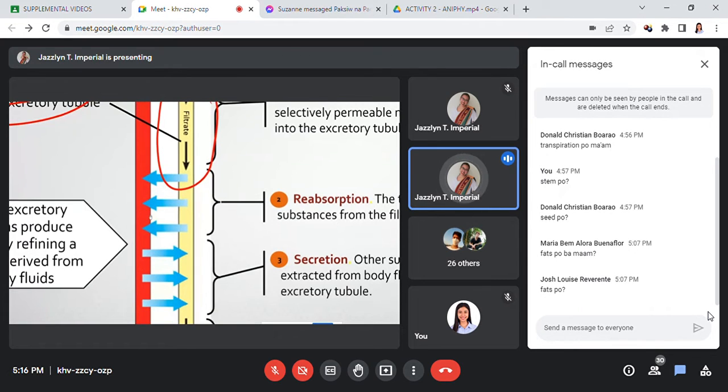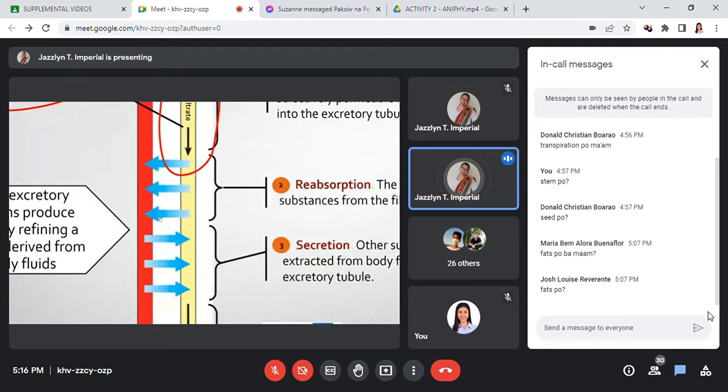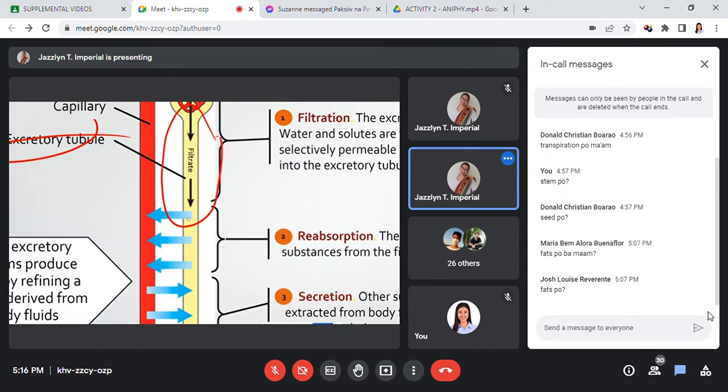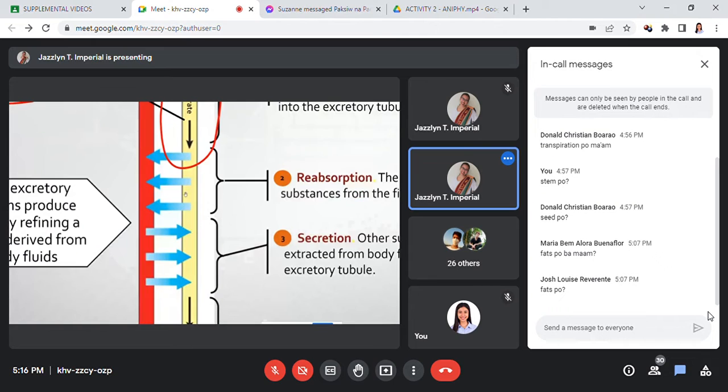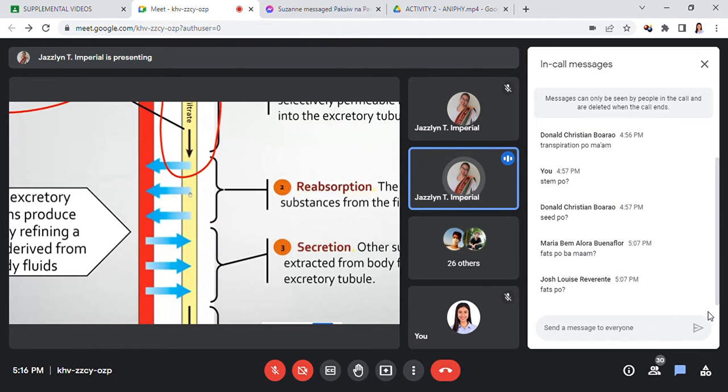So pwede rin, class, by diffusion, you see that it can also occur via the vessels mismo without passing through the glomerulus anymore. So meaning, class, reabsorption now occurs, if later on you will remember, doon sa part po ng collecting duct.